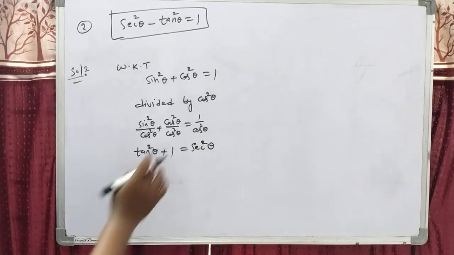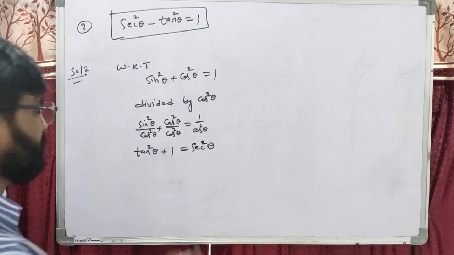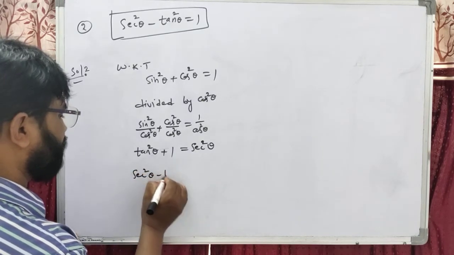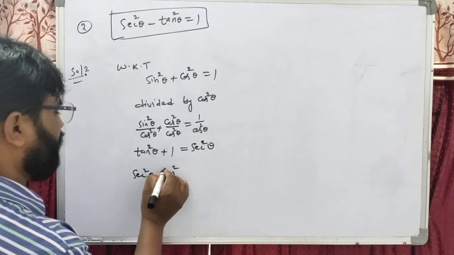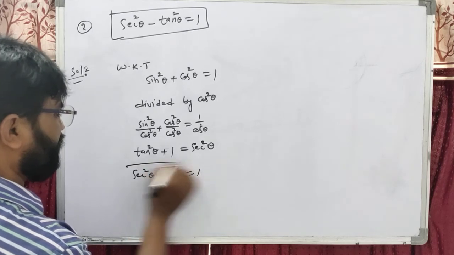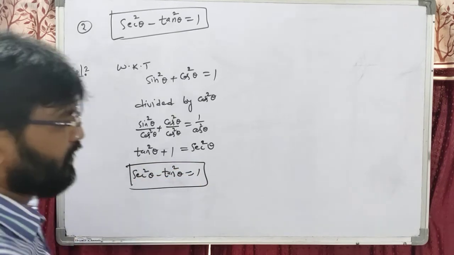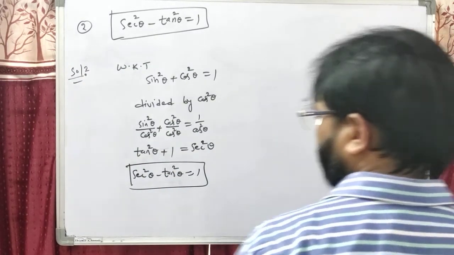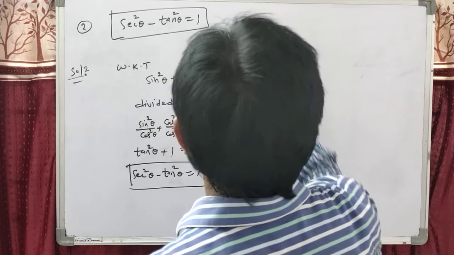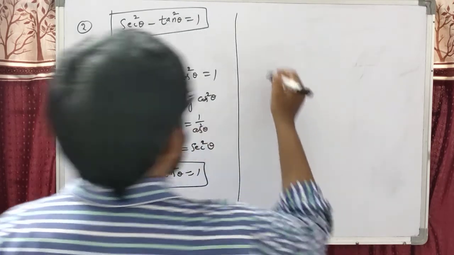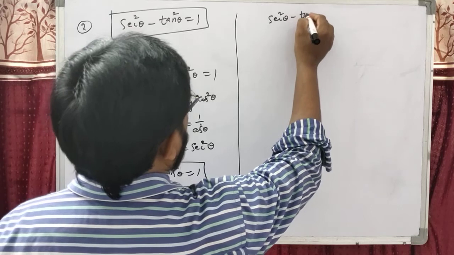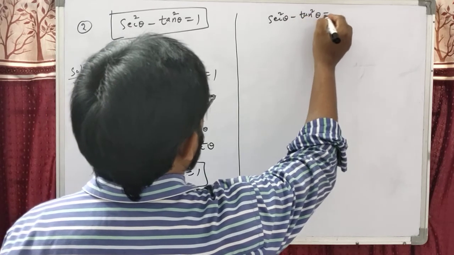Dear students, then it is sent to the other side. We can write secant square theta minus tan square theta equal to 1.